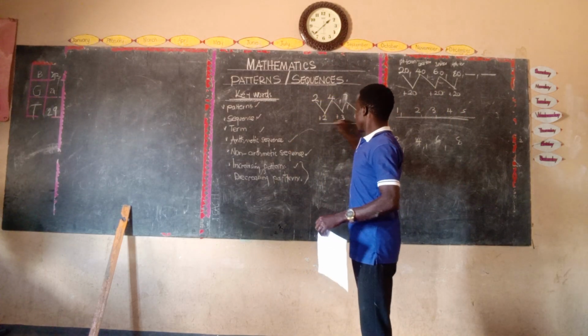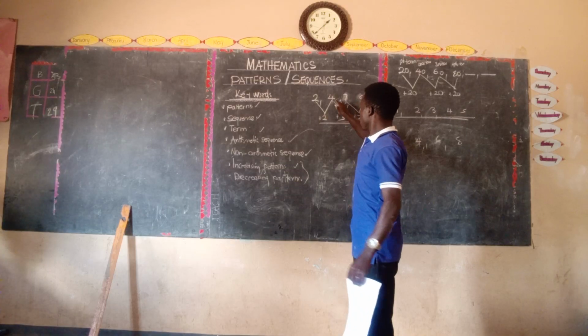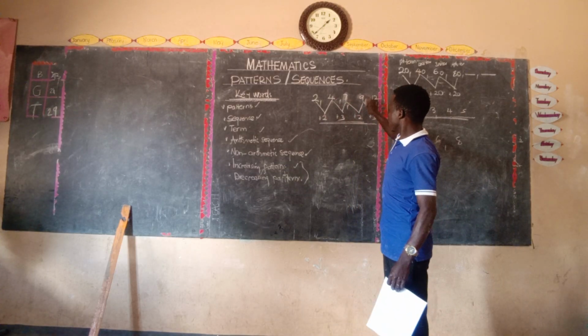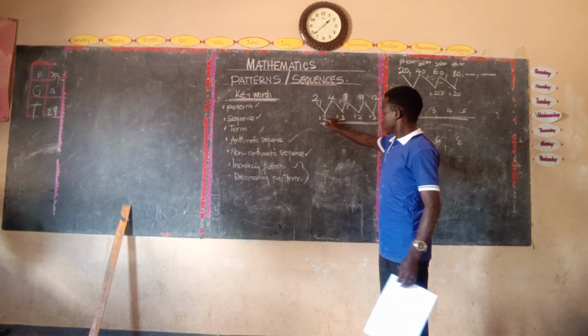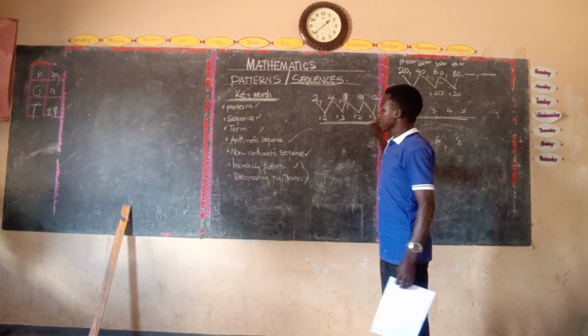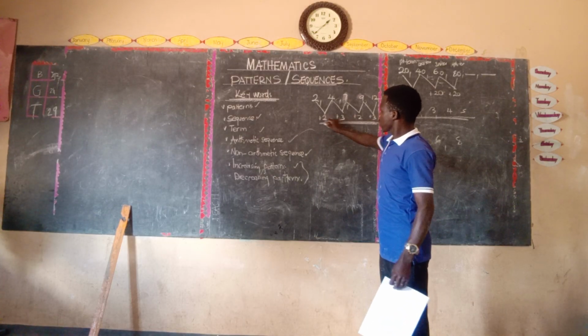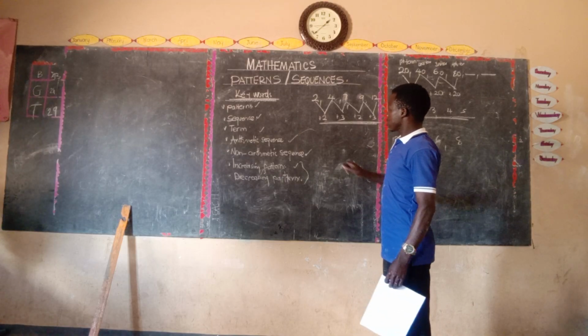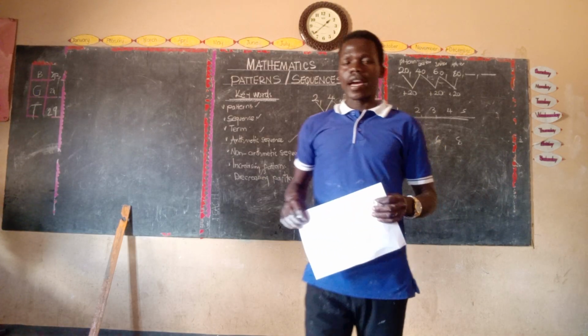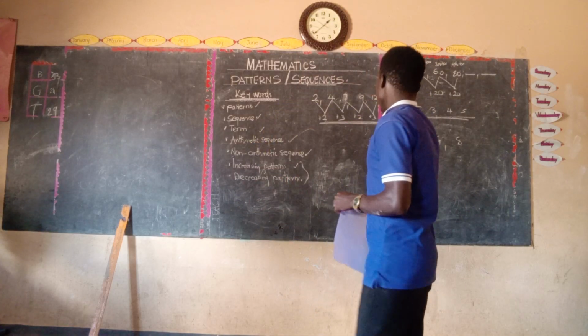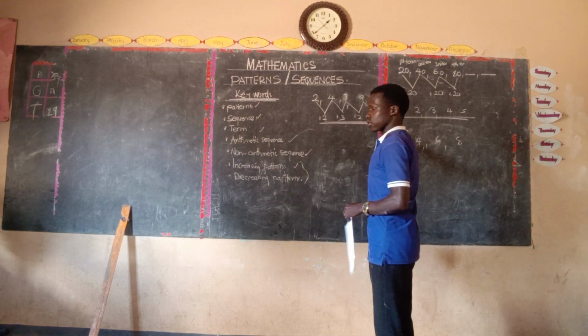For example, when we have 2 going to 4, going to 7, going to 9, going to 12, the pattern here is obtained just by adding. We call this an increasing pattern because the relationship between them is got by adding, and to get the next number, you just carry out addition.